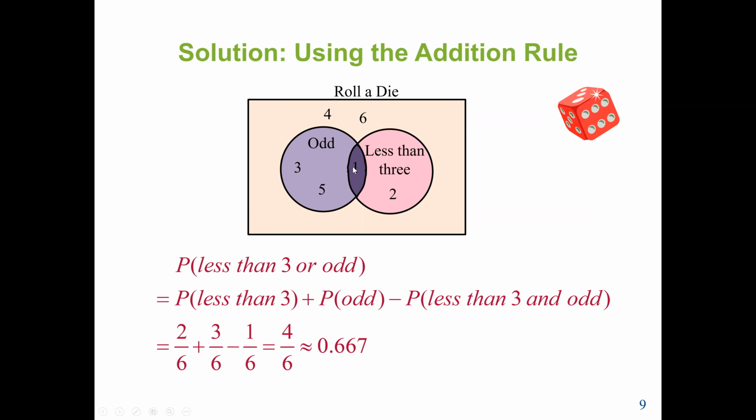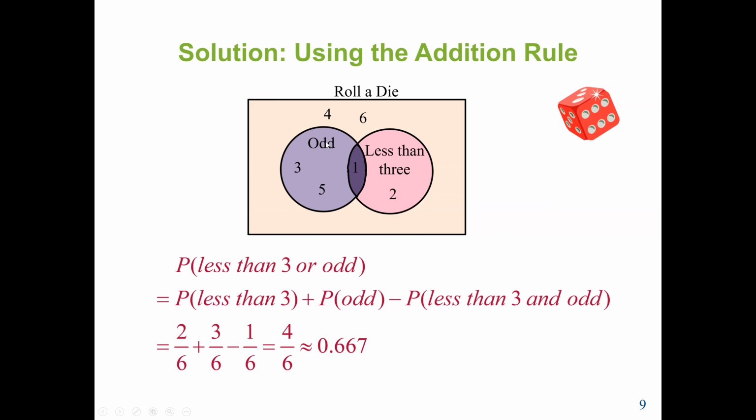And from the Venn diagram, we can see that less than 3 and odd is 1, only 1 item. So the possible odd numbers we have are 3. Then we also have less than 3, which is 2. We have 2 over 6 plus 3 over 6, because we have to count the 1 also. That's why we minus 1/6.